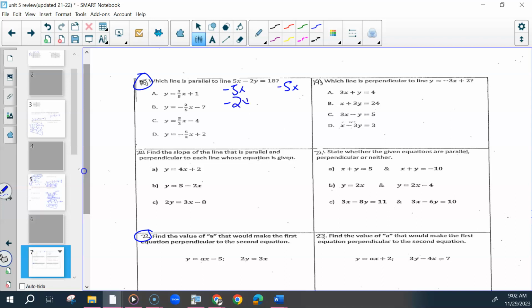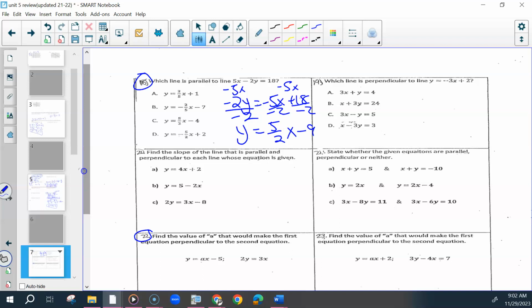We have negative 2y equals negative 5x plus 18, and then you get y by itself. Divide everything by negative 2. So y equals positive 5 over 2 x minus 9.